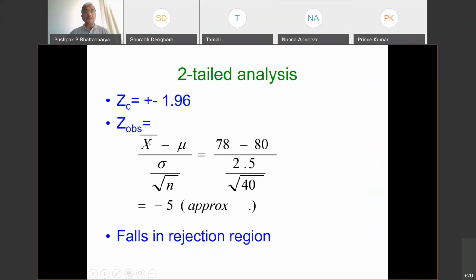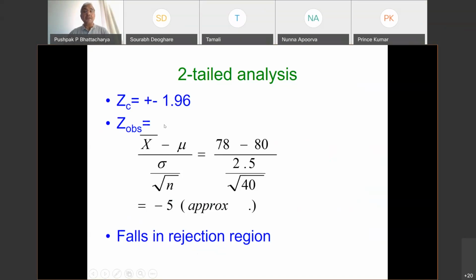So Z value is sample mean minus population mean divided by sigma by root n. So we can take any random variable, subtract mean from it, and divide it by the standard deviation. We'll get a standard normal variable.